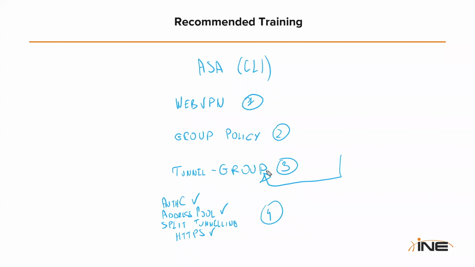The tunnel group is going to point to the group policy with the attributes that we want to then send to the users. And WebVPN is where we will also define some of those attributes for the group policy. Of course, this stuff is still relevant, and most of those things are related to the group policy.